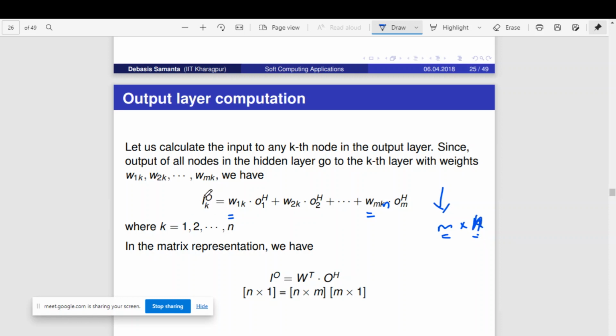So I k power o. What does it mean? This is nothing but the input to the output layer. What is the input to the output layer? Tell clearly. Let us take one neuron in the output layer. It gets input from how many neurons of the hidden layer?